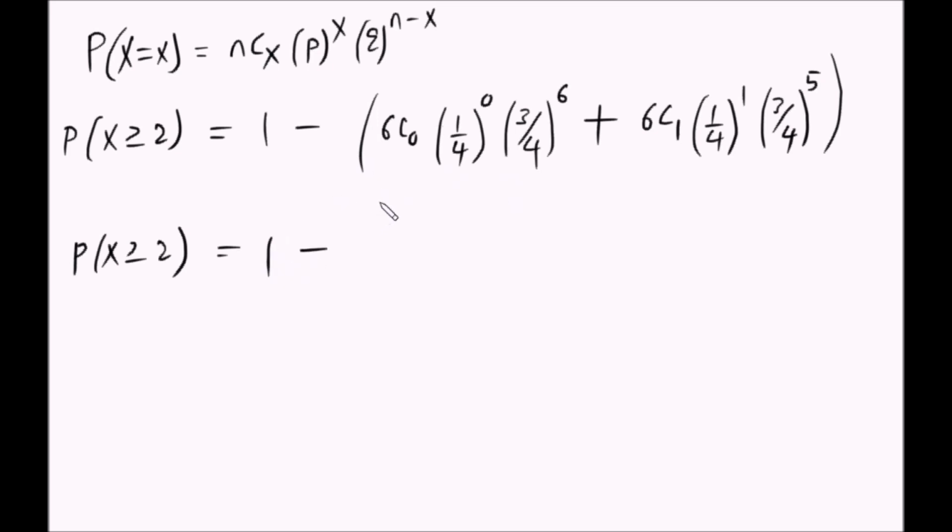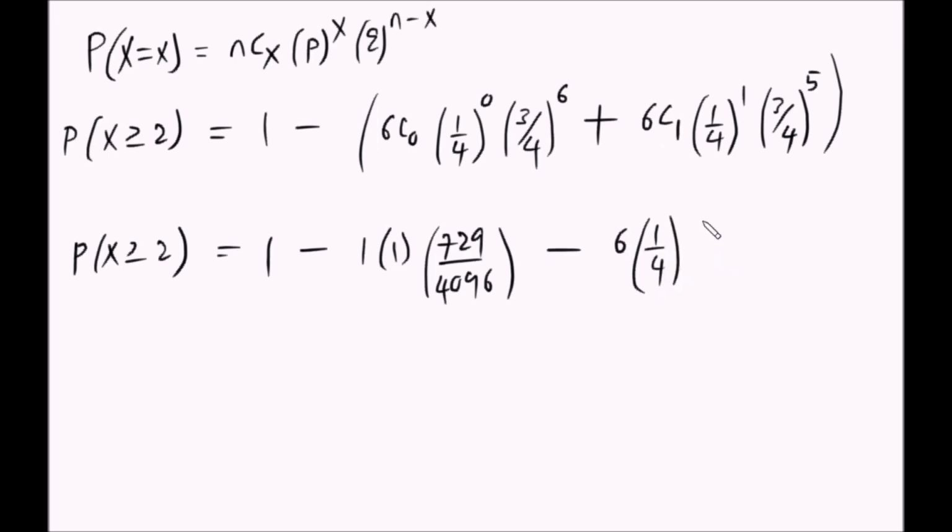We can open the bracket now. 6 combination 0 is 1, 1/4 power 0 is also 1, 3/4 power 6 itakuwa ni 729 over 4096. So to open the bracket, it's minus again, 6 combination 1 is 6, 1/4 power 1 is 1/4, and 3/4 power 5 is going to be 243 over 1024.